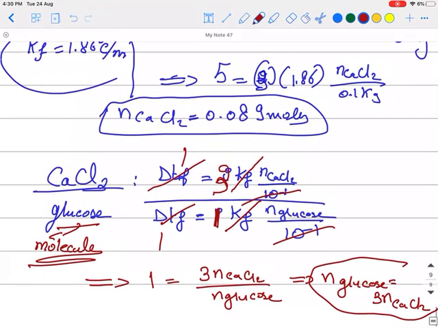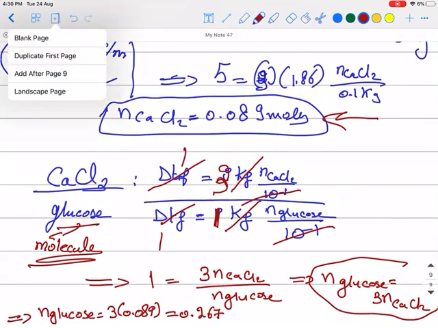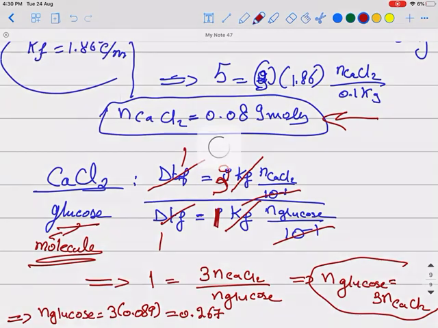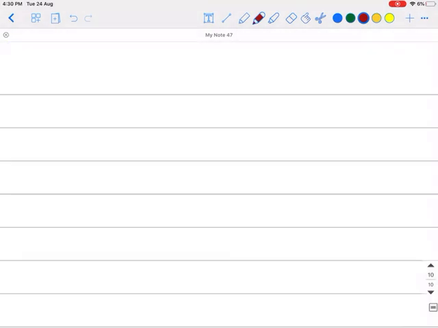Very good. So now I have already found the number of moles of calcium chloride. I will just multiply and find the number of moles of glucose. So the number of moles of glucose is 3 times 0.089, which is 0.267.